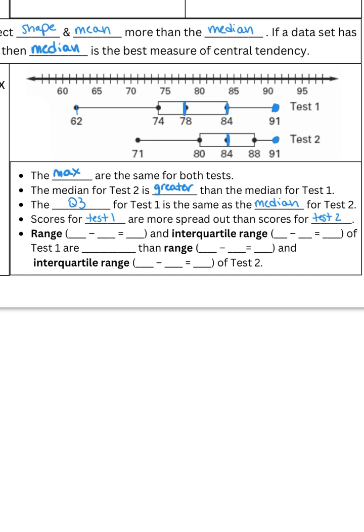Range equals the max minus the min, and interquartile range is Q3 minus Q1, and that equals the IQR. All right, test 1 is blank than the range and interquartile range of test 2. I would say they are going to be greater.